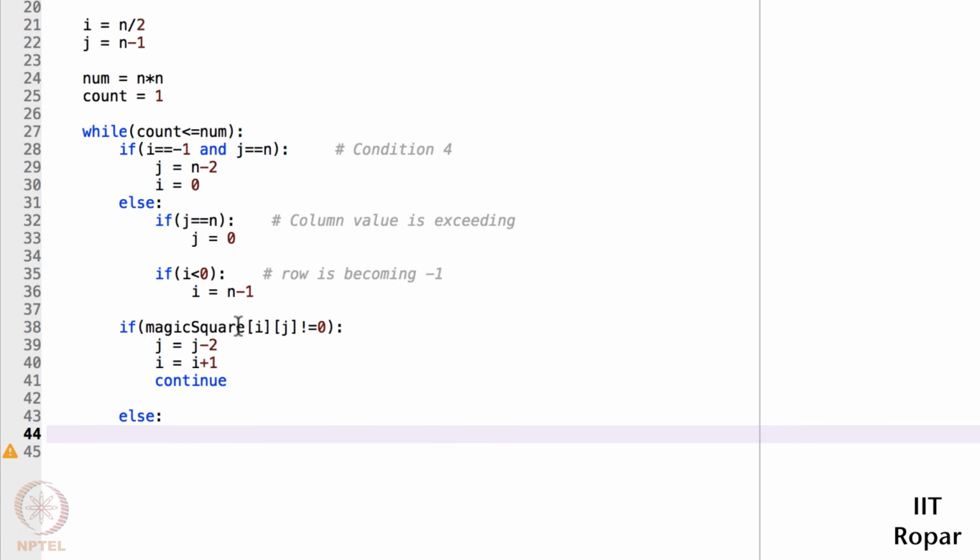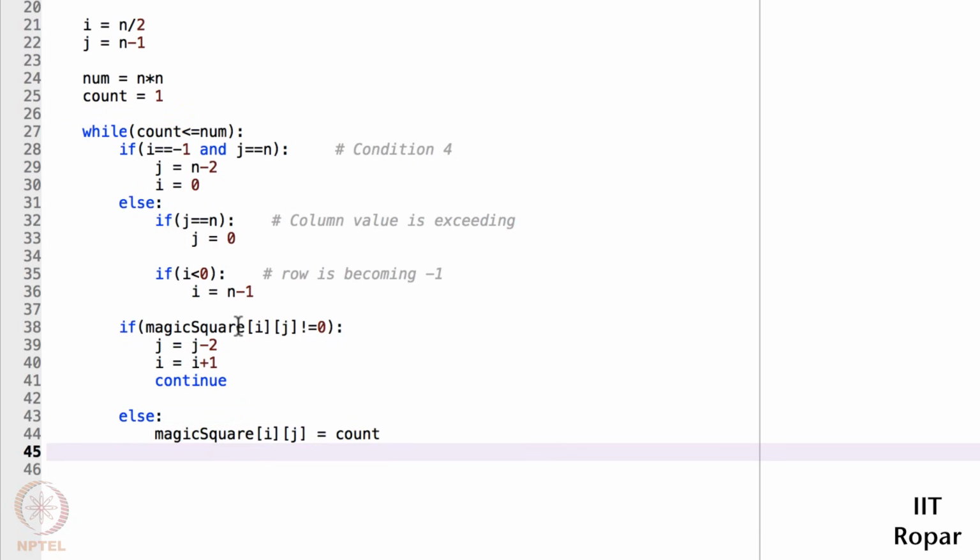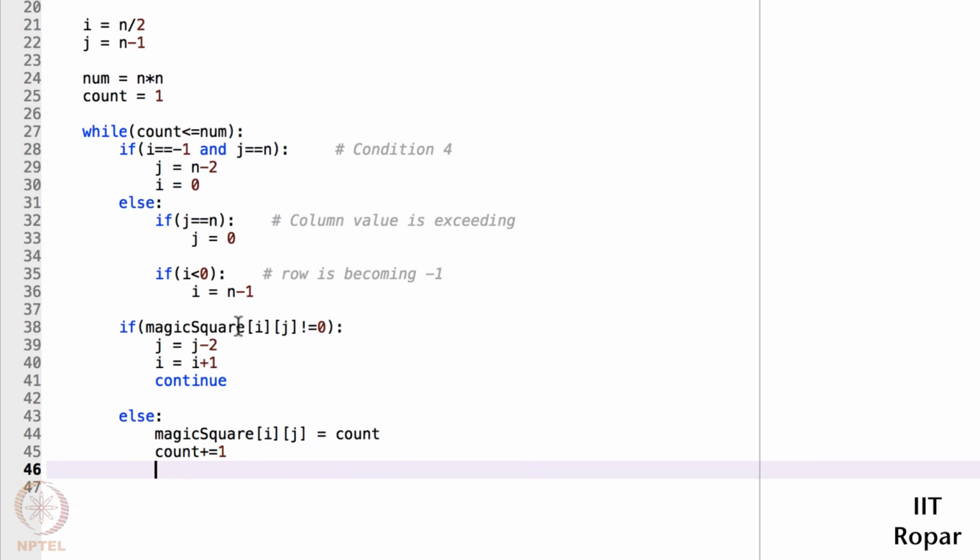So for that I'll write magic square i comma j is equal to count value, because count is my value, and I'll put count plus equal to 1, which means count is equal to count plus 1. I will increment the count value, which is my next element.